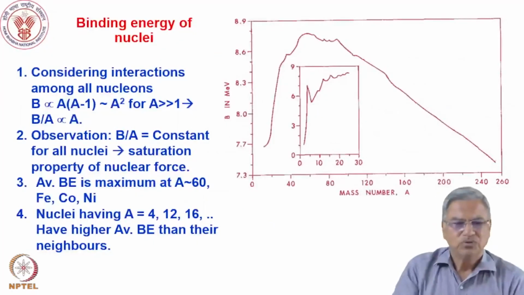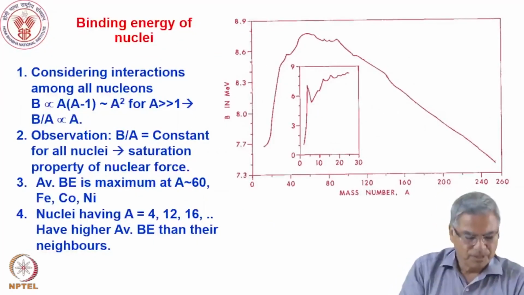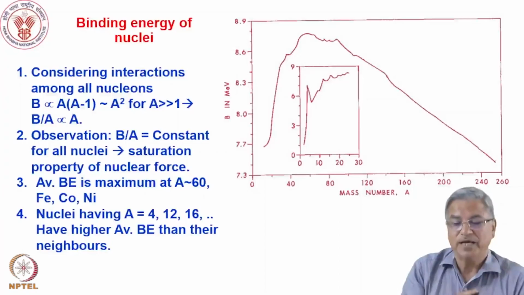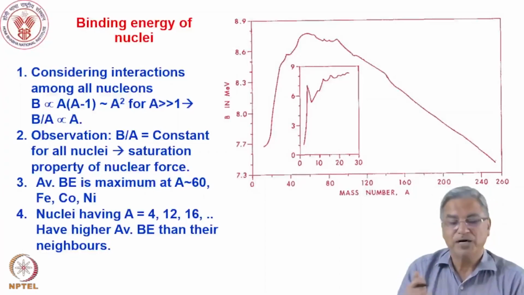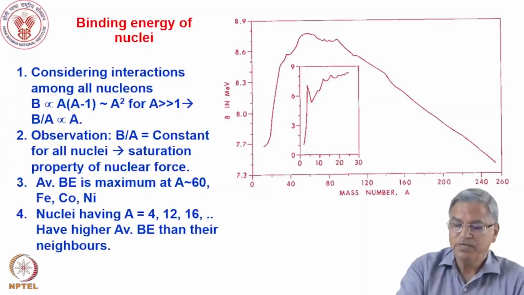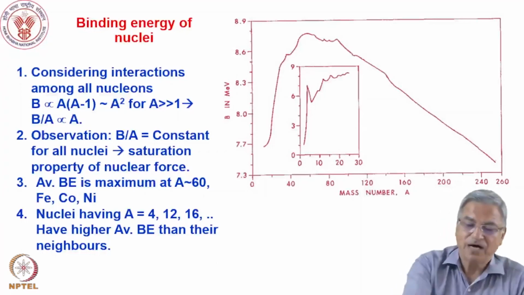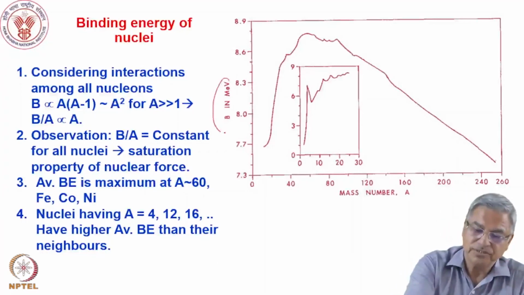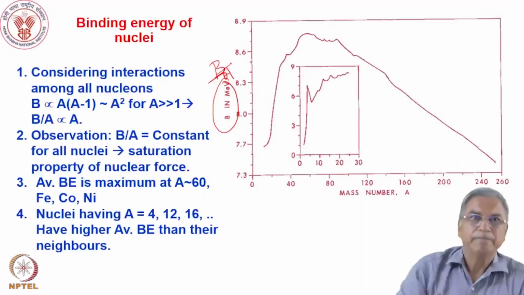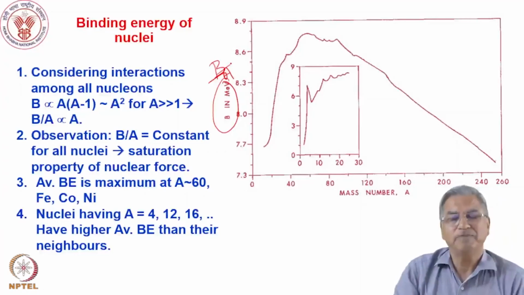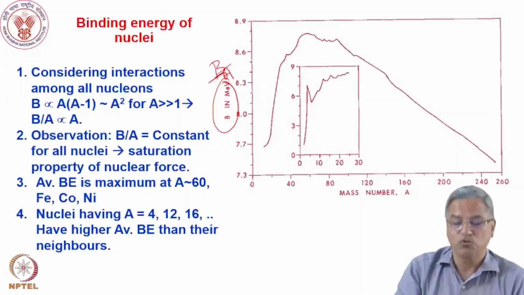So now let's discuss the binding energy of nuclei. How does the binding energy of nuclei vary with the mass number? What I have shown here on the right hand side is the data of average binding energy. This is nothing but B upon A, the total binding energy divided by the mass number, the number of nucleons.